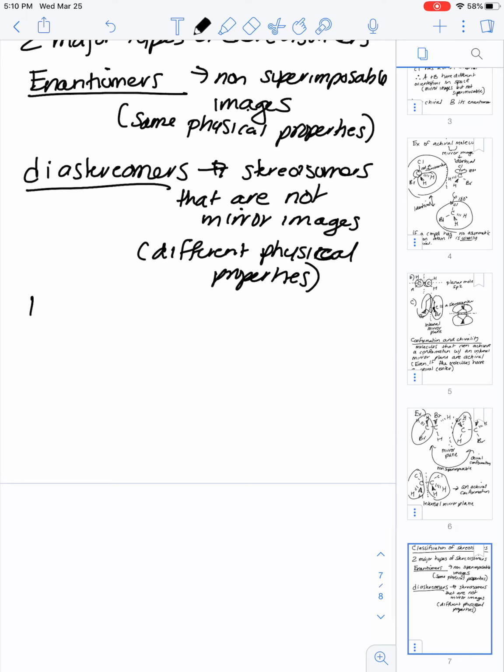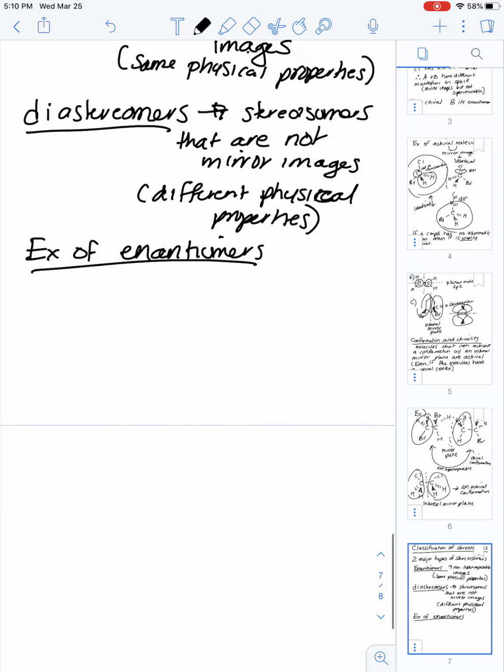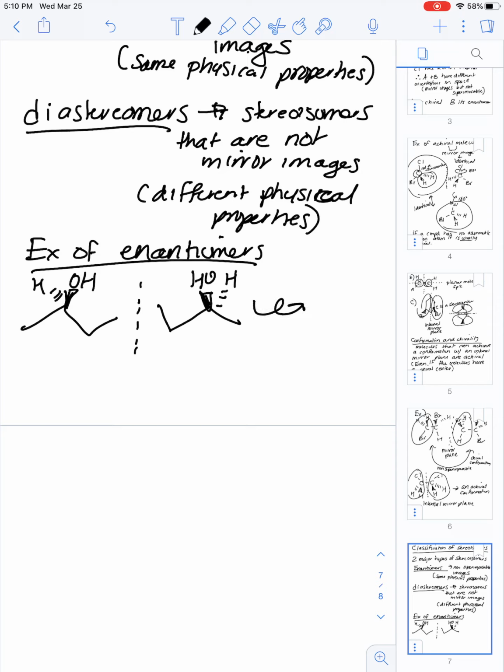So let's look at a few more examples of enantiomers. If we look at this molecule here, let's think of its mirror image. Our mirror image would look like this here. If we rotate this 180 degrees, we are going to have a molecule that looks like this.